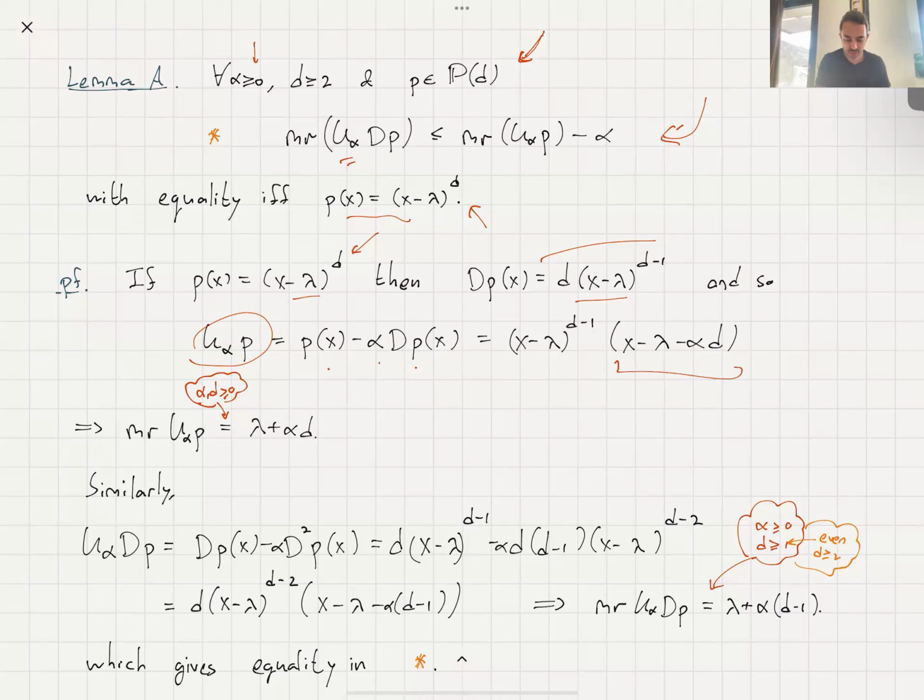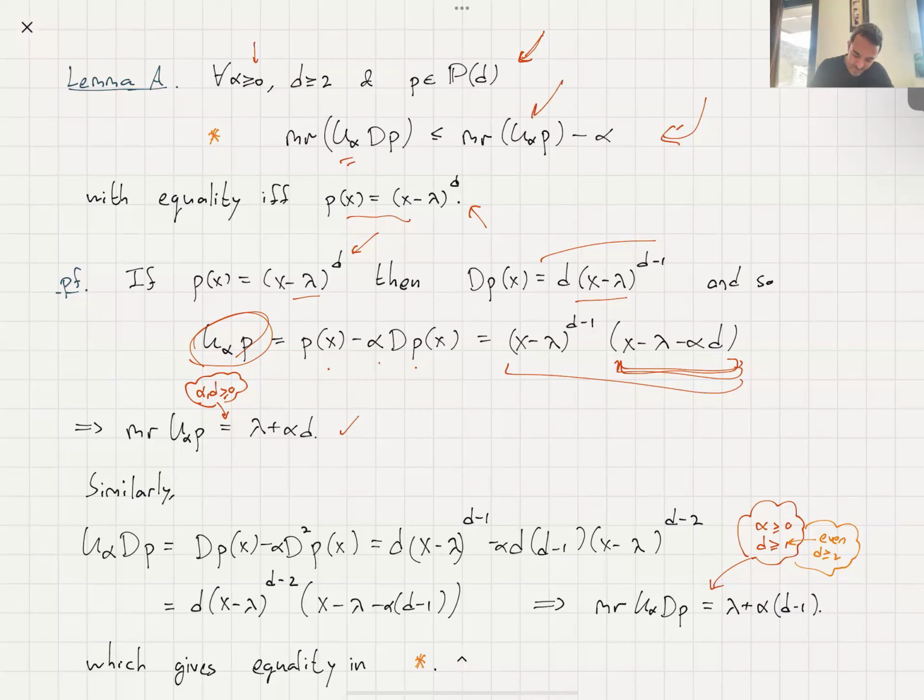And so the root, I want to take the max root of this polynomial, and it has two roots, lambda with multiplicity d minus 1, and lambda plus alpha d, because of this thing, with multiplicity 1. And the max root is really the latter one, because alpha and d are larger or equal than 0. So lambda plus alpha d is larger or equal than lambda. So the max root of U alpha p is lambda plus alpha d.